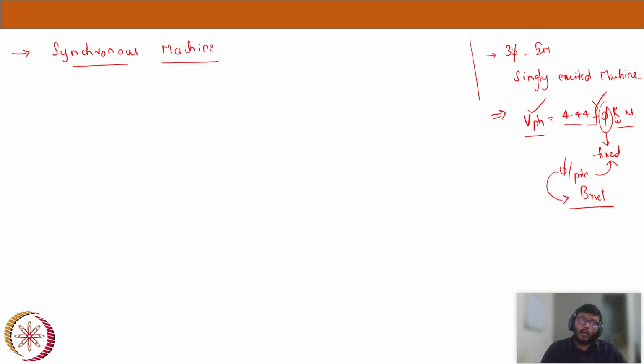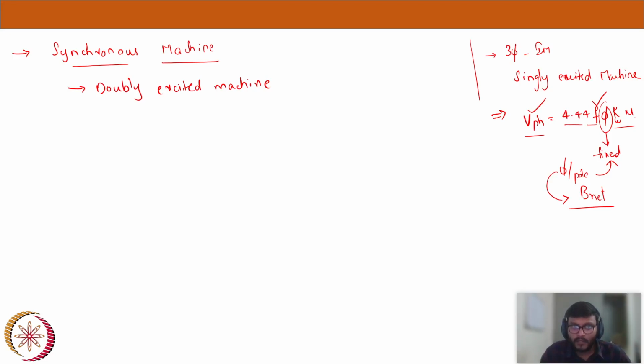Now, two more important points about a synchronous machine: it's not a singly excited machine, but a doubly excited machine. The name itself says that giving supply to just the stator is not enough for a synchronous machine to run.